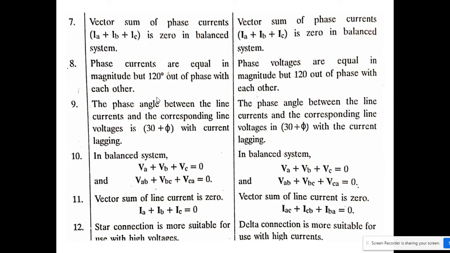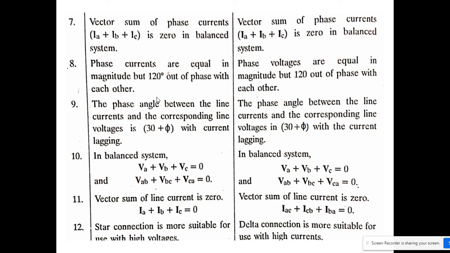The vector sum of the phase currents is zero in the balanced system when we are talking about the star connection, and the vector sum of the phase currents is zero in the balanced delta connection. Phase currents are equal in magnitude but 120 degrees out of phase with each other. And in the delta connection, the phase voltages are equal in magnitude but 120 degrees out of phase with each other.